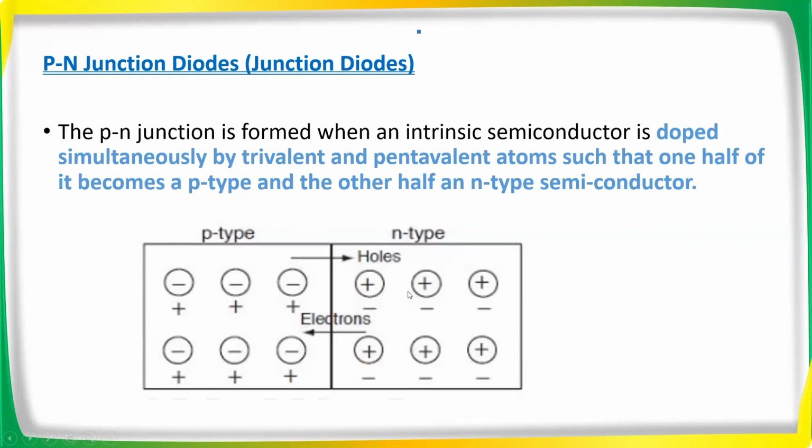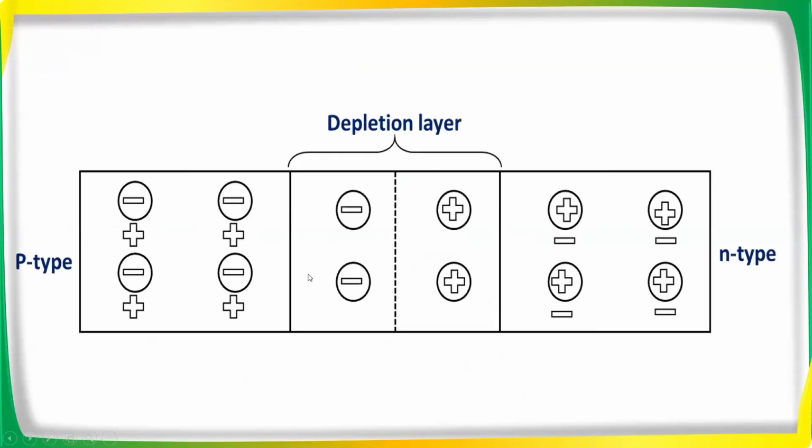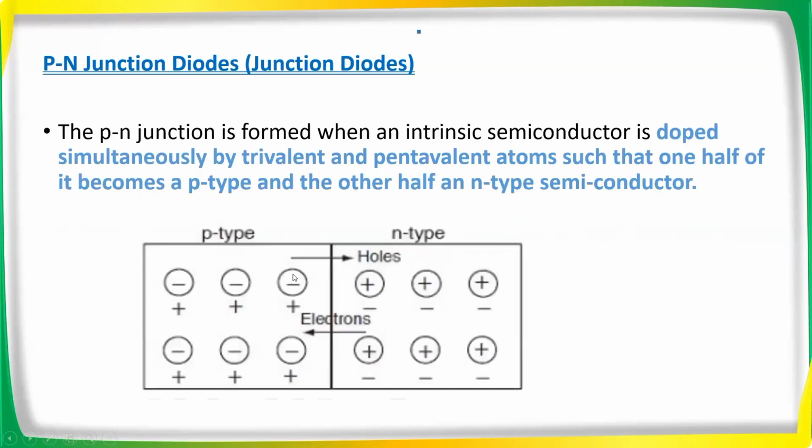In the n-type, we have electrons as the majority charge carriers and holes as the minority. On the p-type, we have holes as the majority charge carriers, while electrons are the minority charge carriers. So what will happen at the middle part? The electrons will start moving to the side of the holes, and the holes on the p-type will start moving to the n-type up to a particular point.